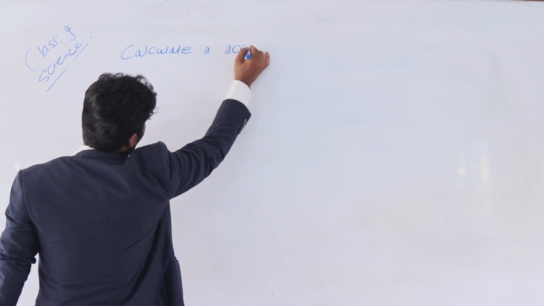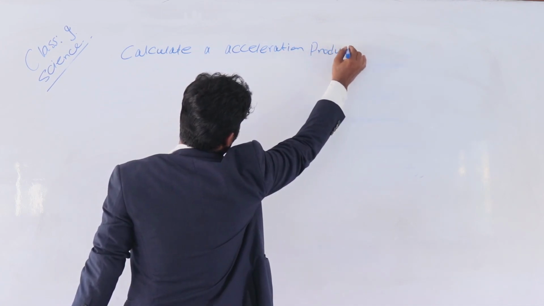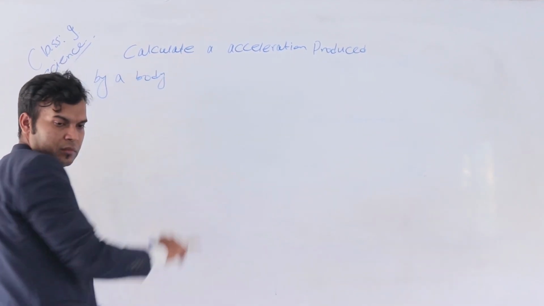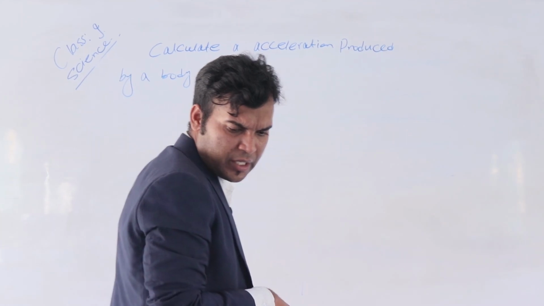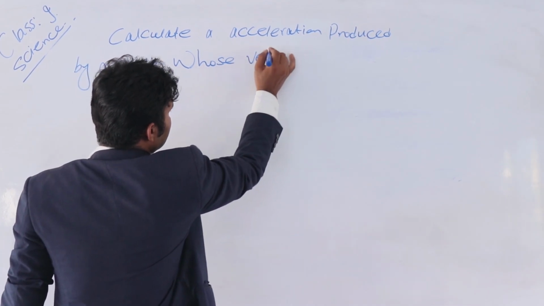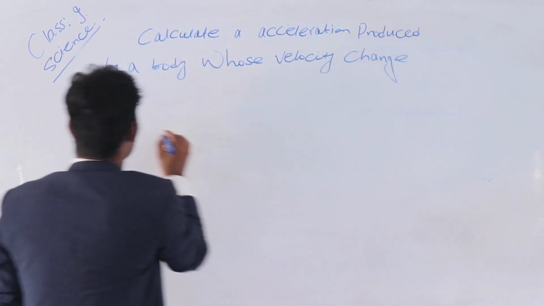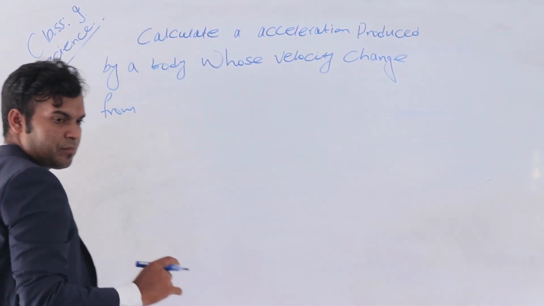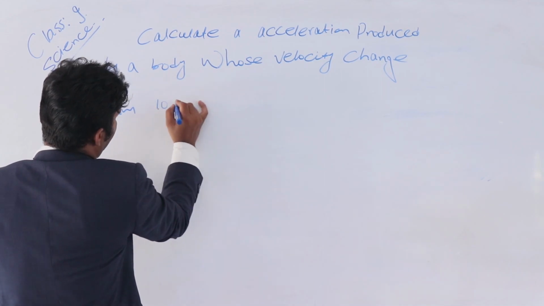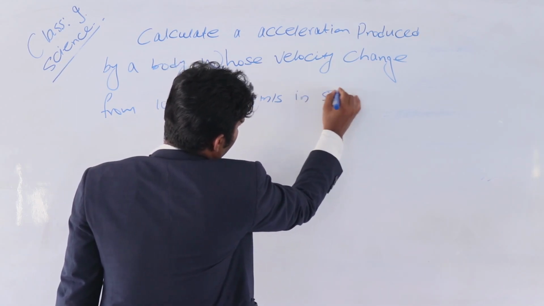Calculate the acceleration produced by a body whose velocity changes from 10 meter per second to 25 meter per second in 5 seconds.